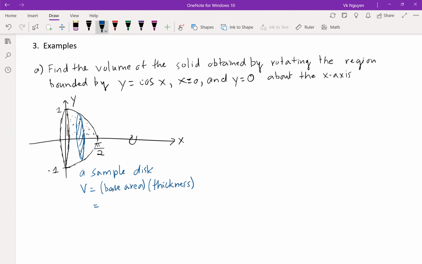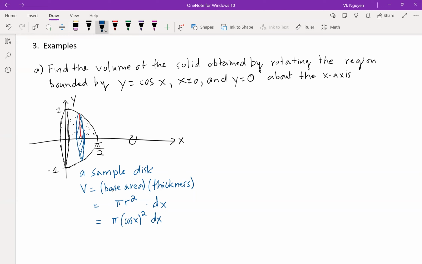The base area here is always pi r squared. This sample disk is perpendicular to the x-axis, so the thickness is dx. The radius here is this height, which is exactly y, and we know y is cosine x. So we have pi cosine squared x dx.